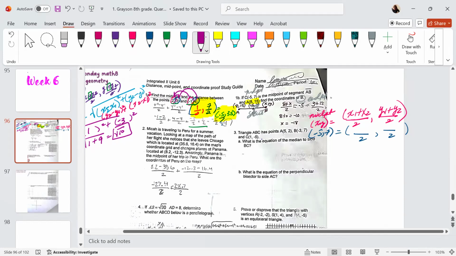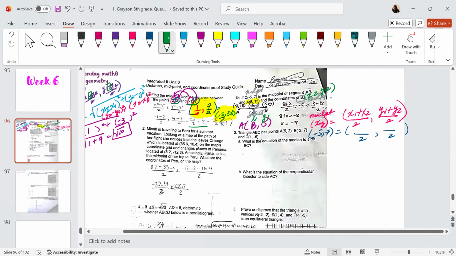How would you label that? 15. How would you label it? X1, Y1. Right? How would you label the endpoint? X2, Y2. Plug it in.